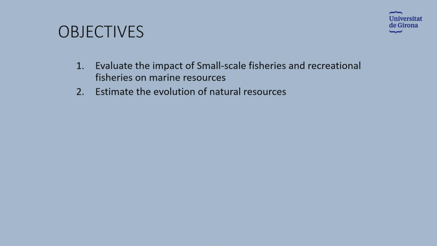So the idea with this basic data is to study the impact of small-scale fisheries on the marine resources, but on the other hand, this data will provide biological information on the health status of the stock in the long term.